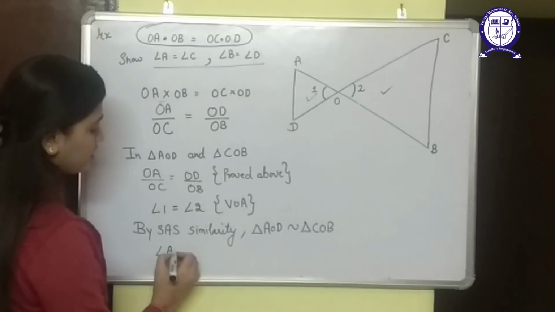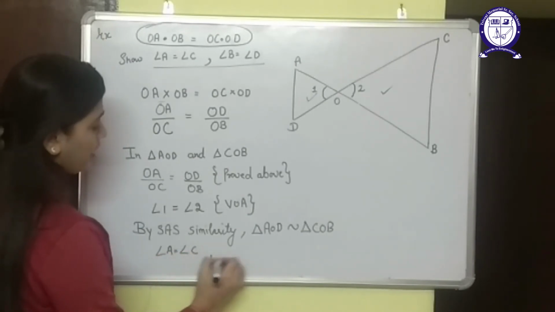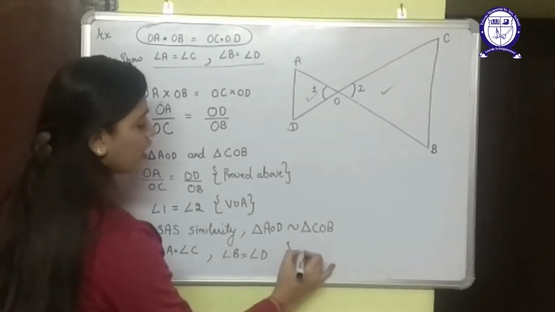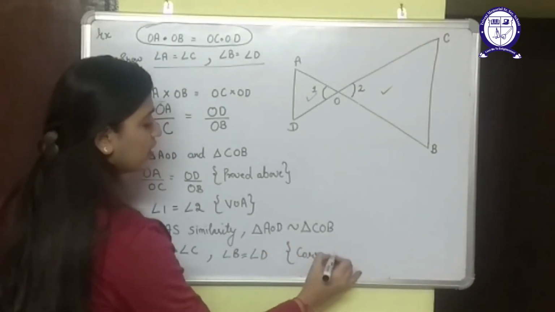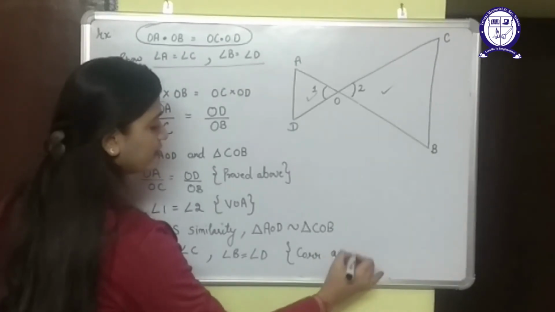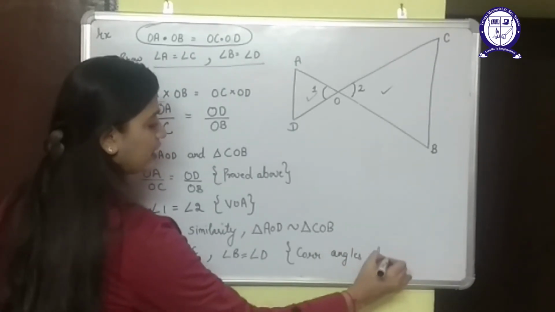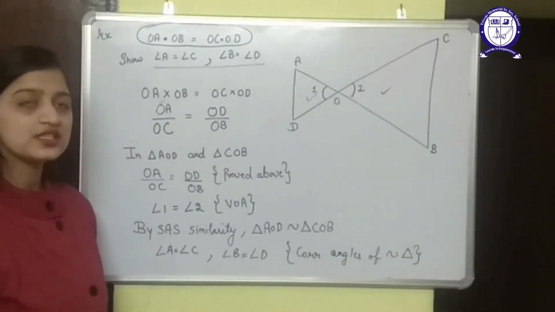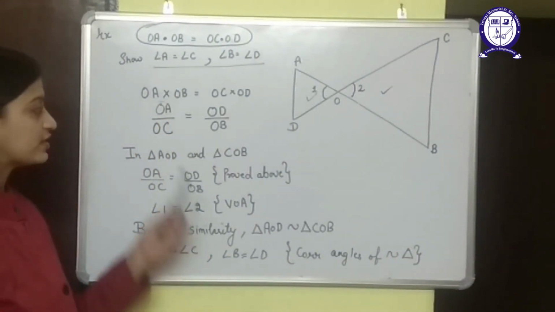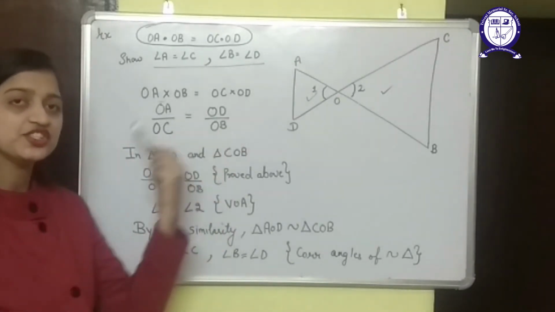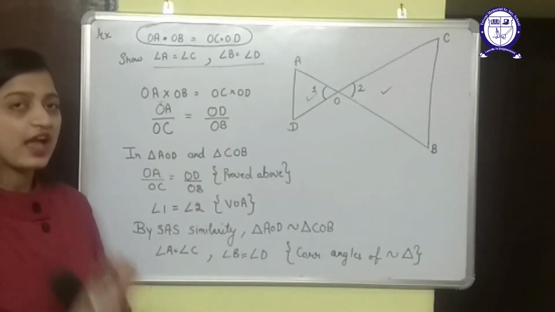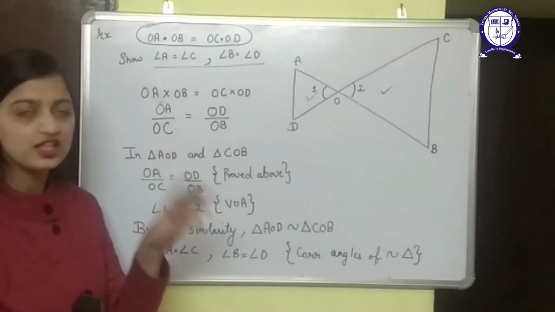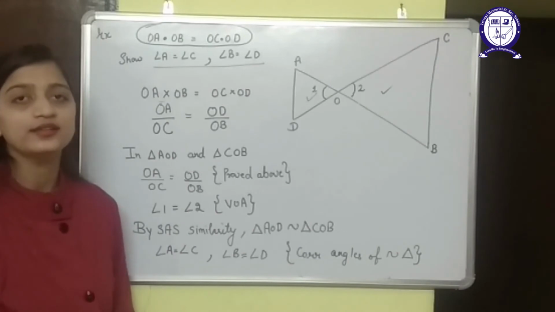So angle A equals angle C, angle B is equal to angle D, and the reason is corresponding angles of similar triangles. Okay, so this is the pattern of doing such an equation. When we have something in multiplication, we can change it into division, but we have to take the sides very carefully. The sides should be of two different triangles, not of one triangle.